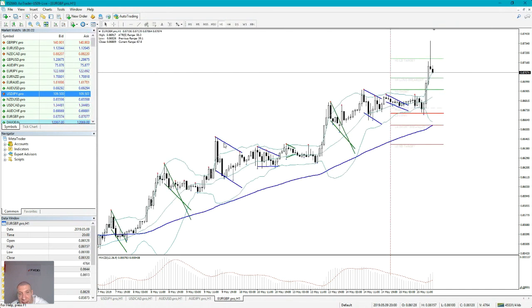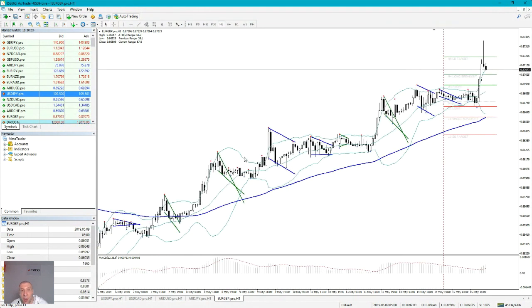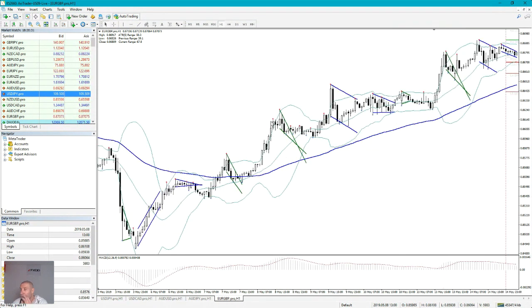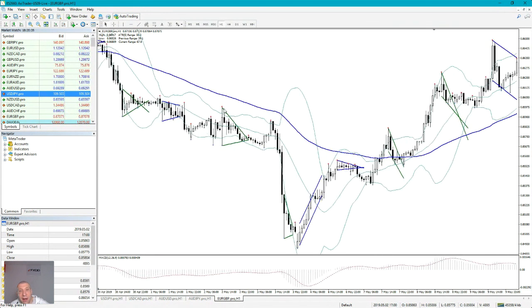Now, these are the patterns. You can see wedges, triangles, flags, and pennants. Most of what you will be seeing are triangles, wedges, and pennants. Those are very important, and they are chart patterns.